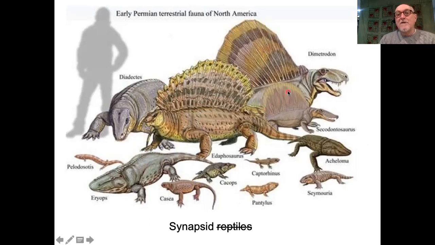If you've ever been to the Natural History Museum, these are ones that you may have seen, skeletons. These are the dimetrodons, for example, that have these big sails above them. These are a feature for regulating temperature. These were quite large animals.